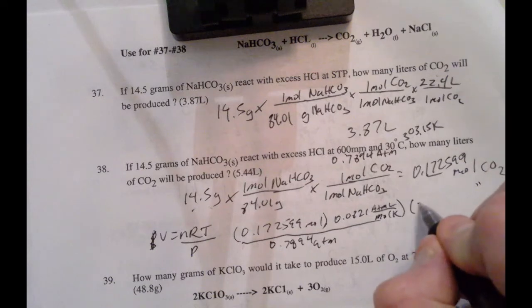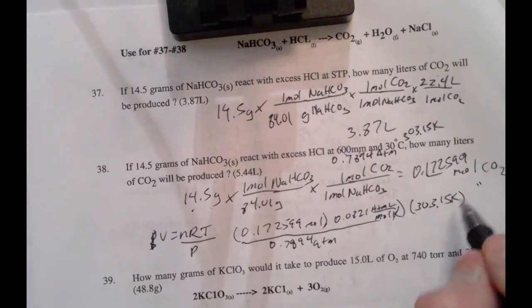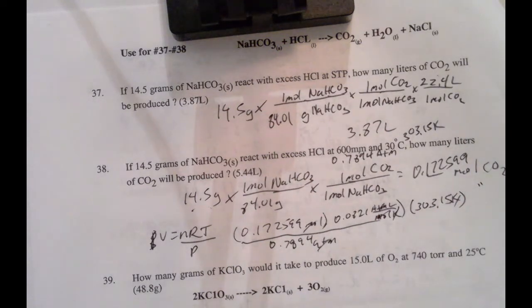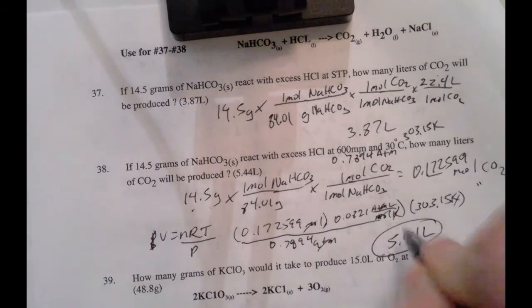And temperature 303.15 Kelvin. Kelvin will cancel out, moles will cancel out, atmospheres cancel out. 0.172599 times 0.0821 times 303.15 divided by 0.7894. The answer is about 5.4417. 5.44 liters.